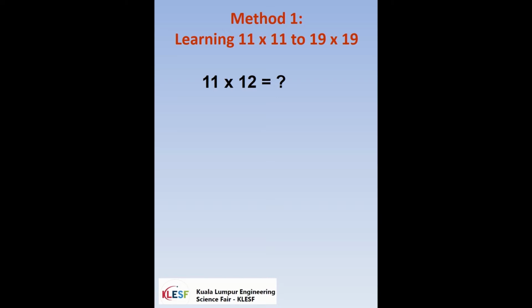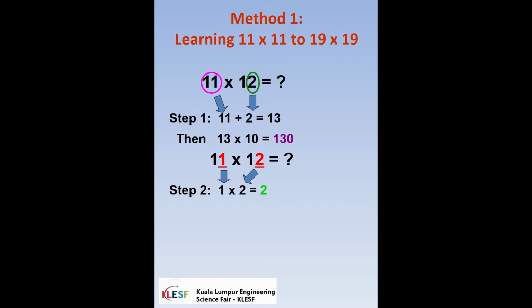When we want to multiply 11 times 12, the first step is we take the first number 11 plus the last digit of the 12, which is 2, and equal to 13. And we know that 11 times 12 will give us an answer with 3 digits. So we multiply 13 with 10, it will equal 130.